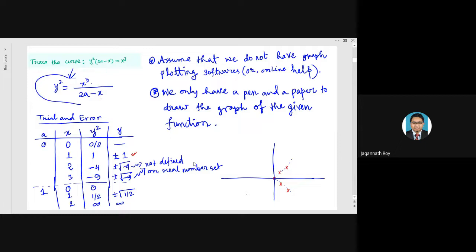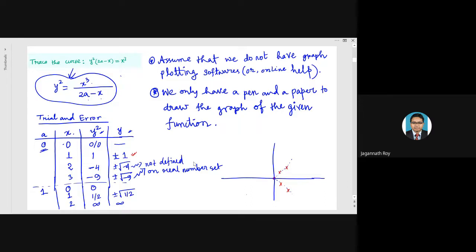use the trial and error method. Let us write the function in this form. For a given a, you try to find out the values of x and corresponding y squared and then y.